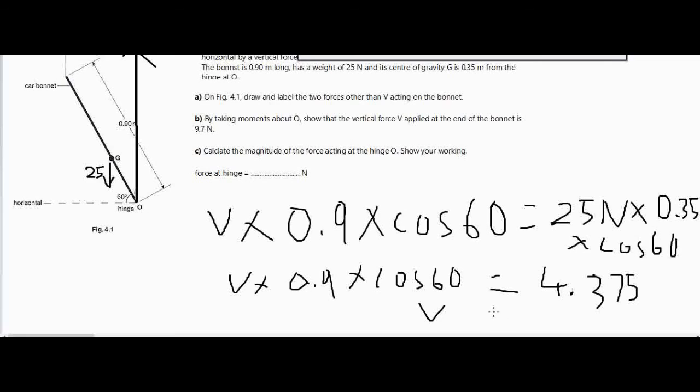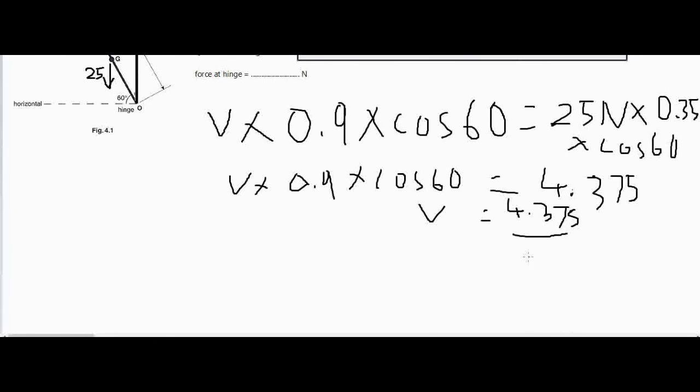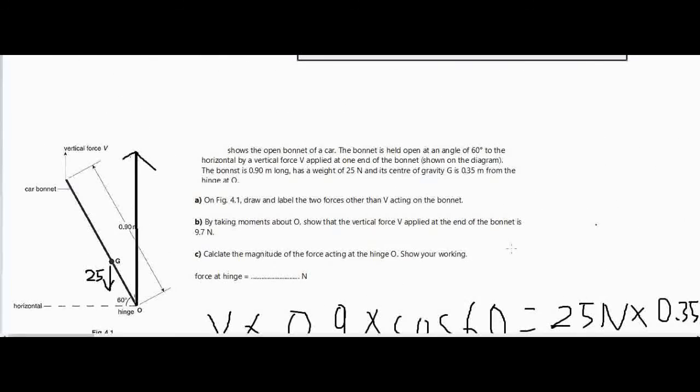So we'll get V is now equal to 4.375 divided by 0.45, and we get 9.72 newtons. And if we look back here, they're asking for 9.7, so if we round to one decimal, we got the value.